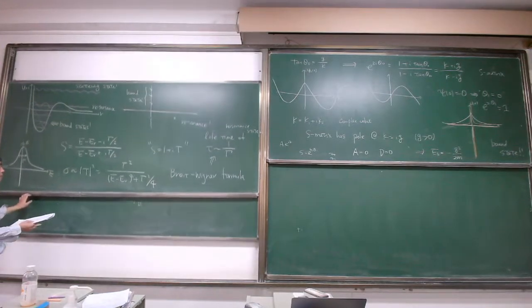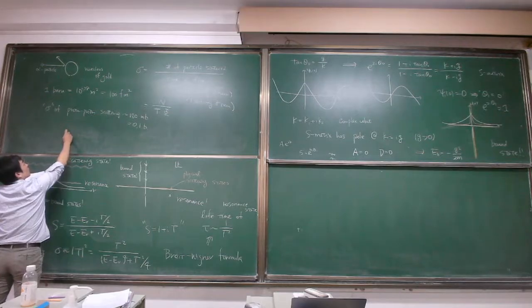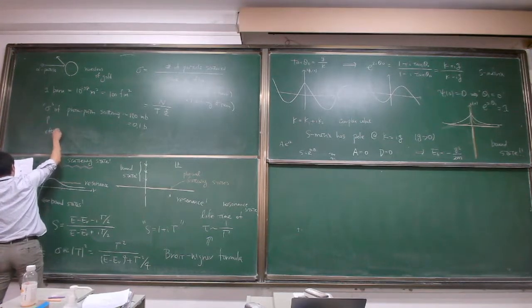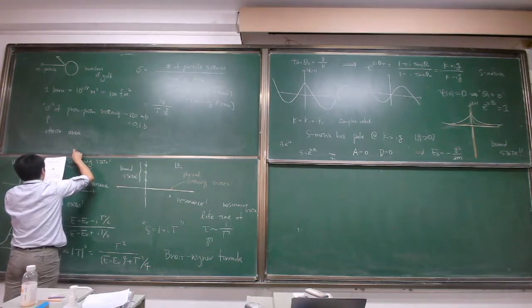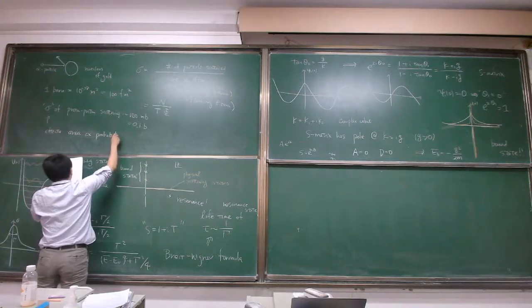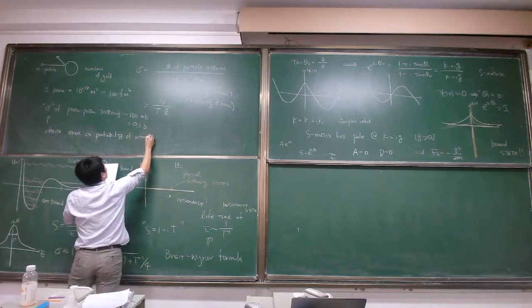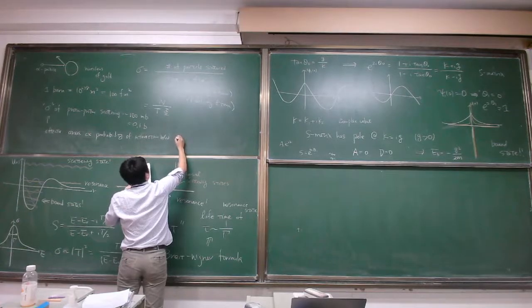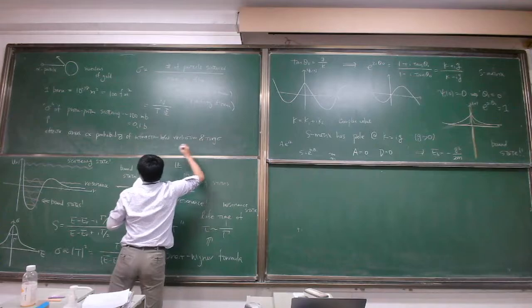It is proportional to the probability of interaction between the alpha particle and the target. So, the effective area of the target.